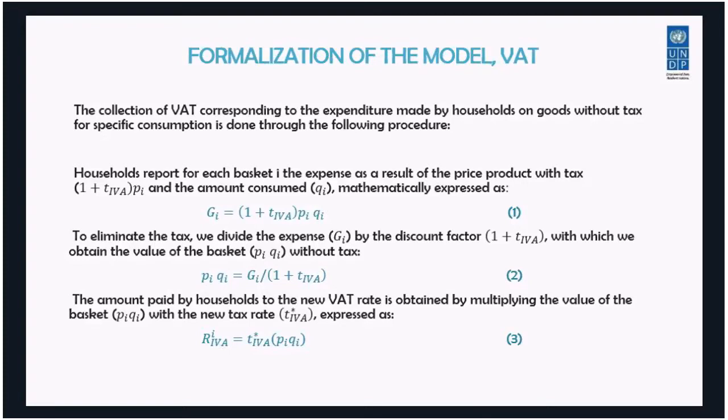That 20 pounds is basically the first equation, right? Why? Because in the household survey, households report how much they consume in a specific good. And it is our role to disentangle the price, the quantities and the tax involved in order to simulate the effect of the tax.